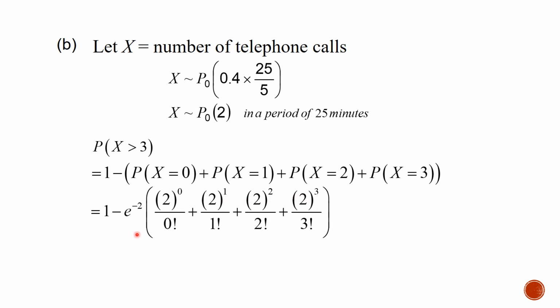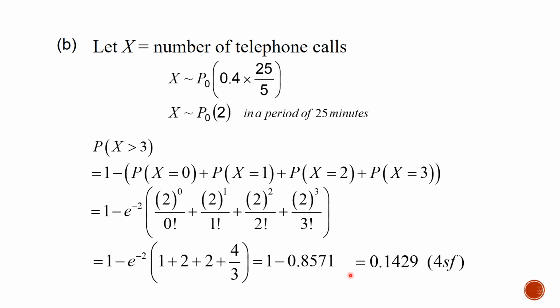Notice that I take out my common factor, which is e to the power of negative 2. It will be easier for you to calculate. So evaluating, you have 1 minus 0.8571, which will give you the value of 0.1429. You round off to 4 significant figures.